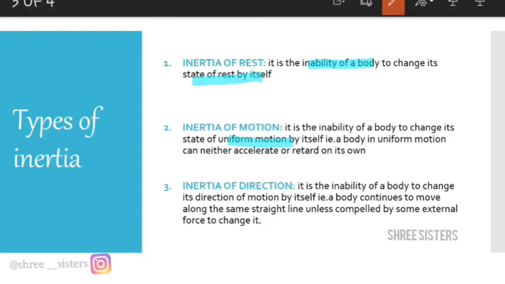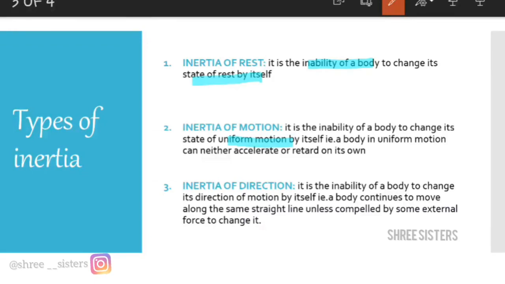So unless we apply some external force, the speed won't change, or the acceleration will neither increase nor decrease. So the inability to change its state of uniform motion means acceleration equals 0. This inability to change the state from uniform motion to rest, or to increase or decrease acceleration, is known as the inertia of motion.